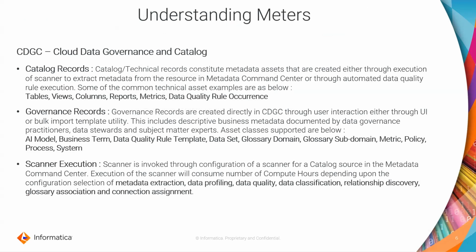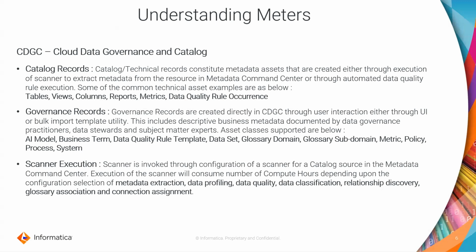Let's go one step deeper and understand what each meter means, as we saw in the last slide, in a little bit more detail here. So catalog records are basically the technical records or the metadata records that are created or ingested into CDGC as part of scanner execution to extract metadata from the source. Configuration of creation and configuring the scanner is performed by the governance administrator in the metadata command center or MCC.